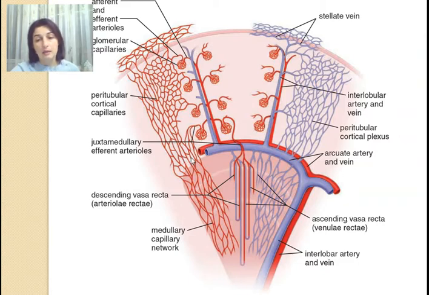And as in the case of cortical nephrons, the blood from here will be drained into the venules, which join the interlobular venules, and so on into the arcuate, then interlobar veins. That is the blood supply of the kidneys that we have to know.